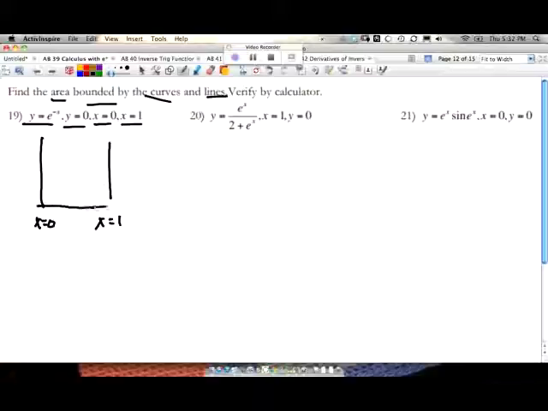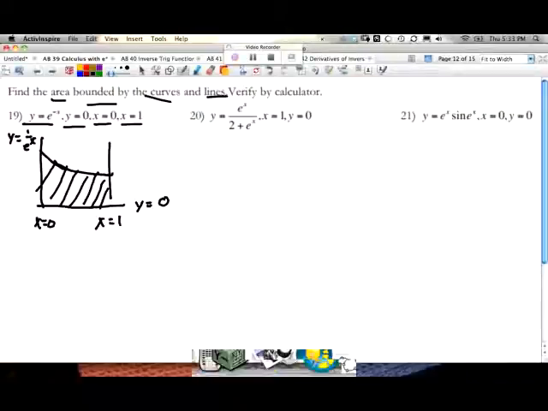I got this line, y equals 0. I think the other one's above it, but let's just check. This is really the same as y equals 1 over e to the x, which is still a positive number of some kind. And as that e to the x gets bigger, this gets smaller overall, so we're looking at something that looks like this kind of. So we're trying to find this area.